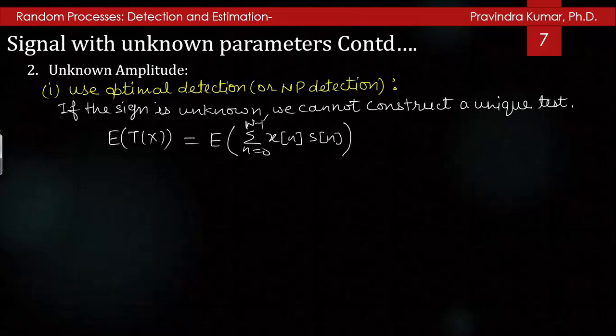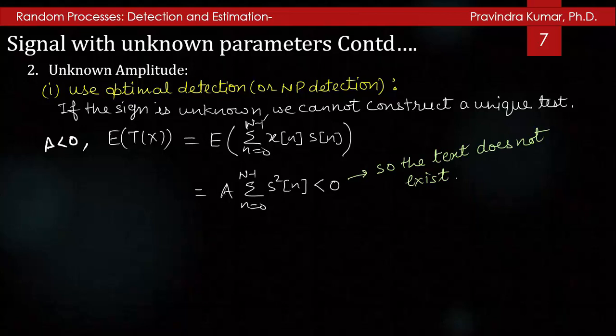And if a is less than 0, then the expected value of the test statistic, which is the expected value of summation n=0 to N-1 x[n]s[n], will be summation n=0 to N-1 A s squared[n]. So if it is less than 0, the test does not exist here.